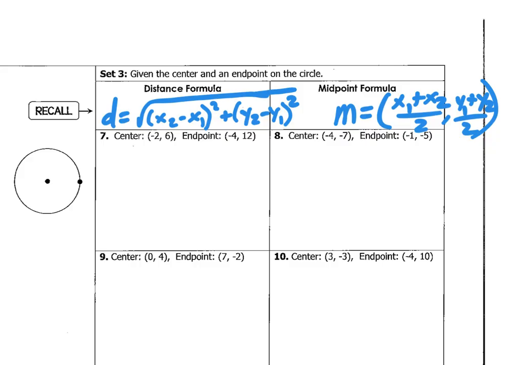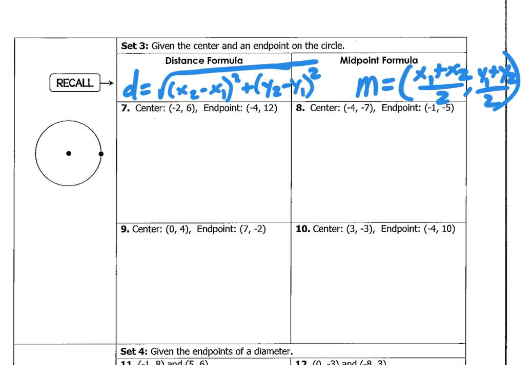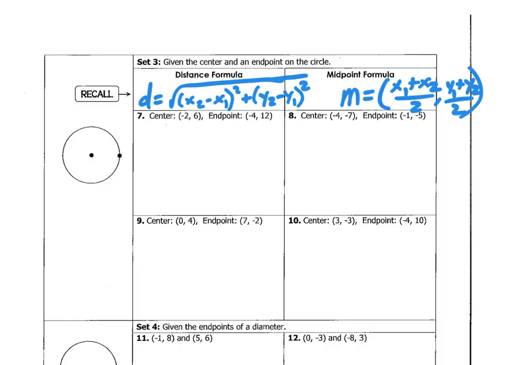The reason we need those 2: if I have a circle that looks like this, and I give you the center and an endpoint, the distance between the center and the endpoint is going to be my radius.